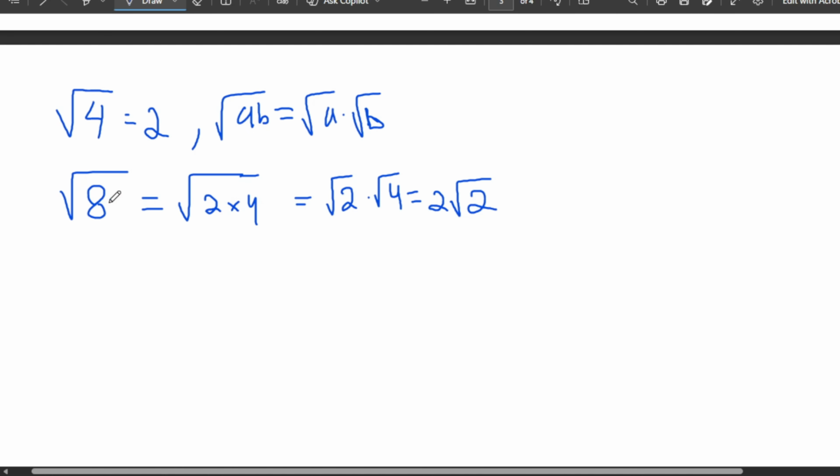Okay, another example, if we have the square root of, let's say, 27 over the square root of, let's say, 18, how do we simplify this?